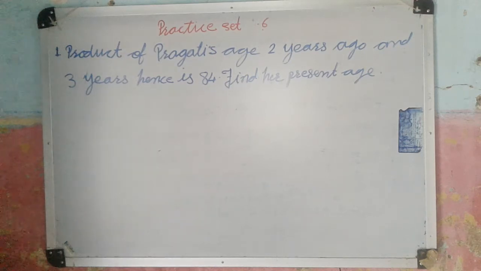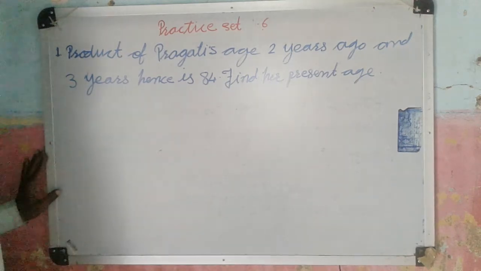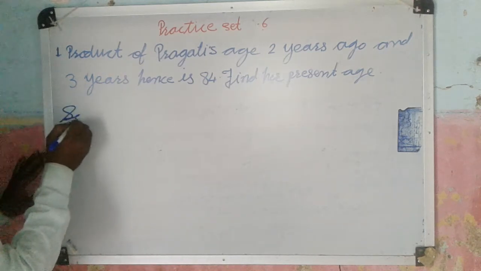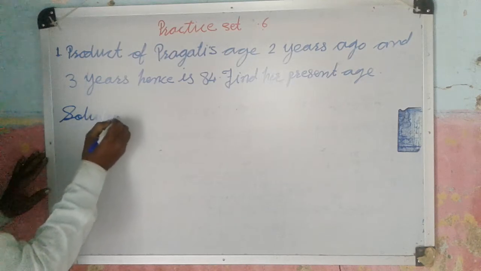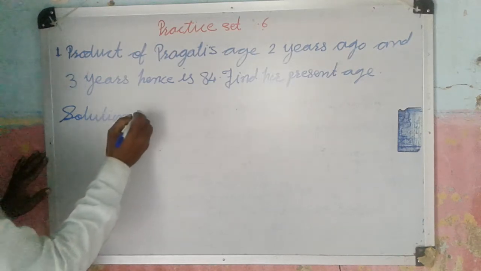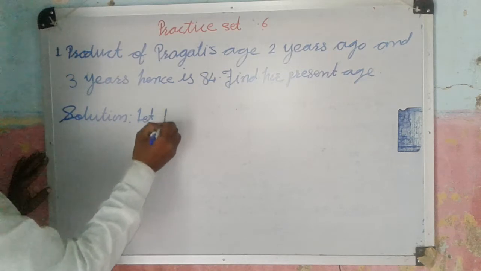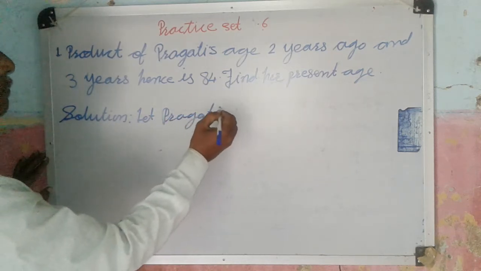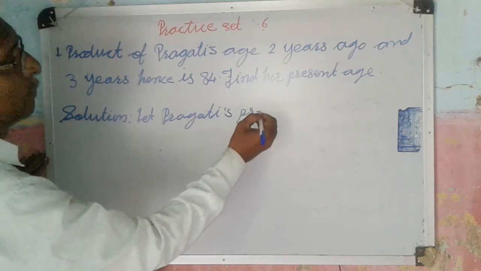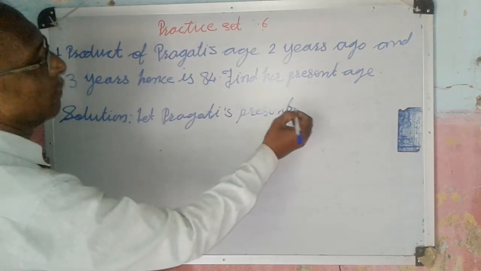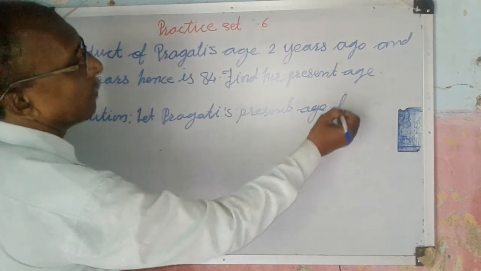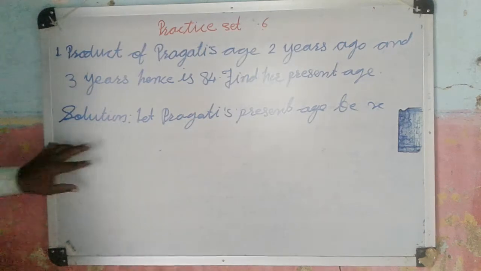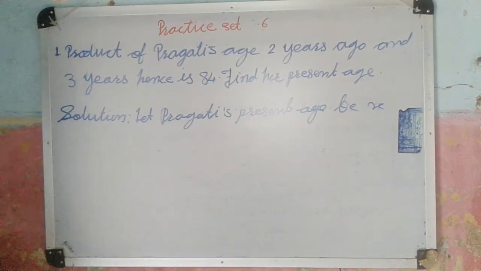For that we will take one variable for Pragati's present age. Let Pragati's present age be x.